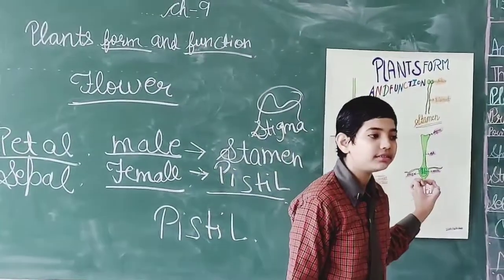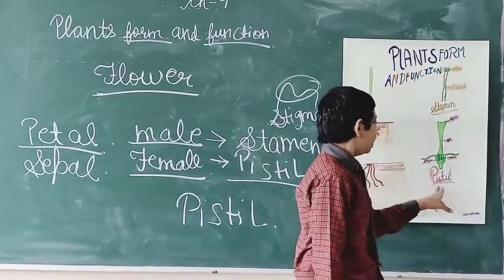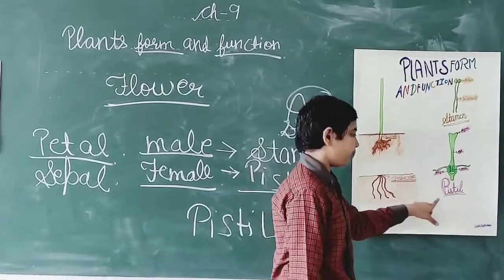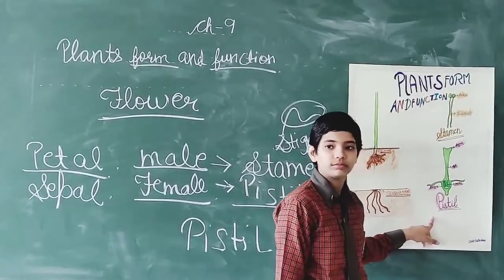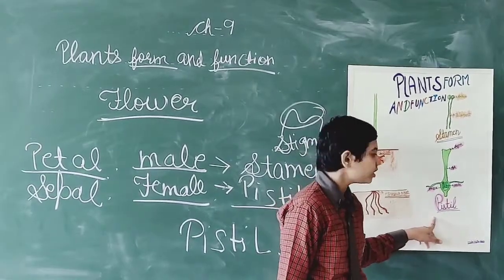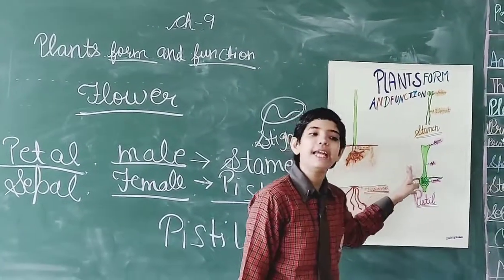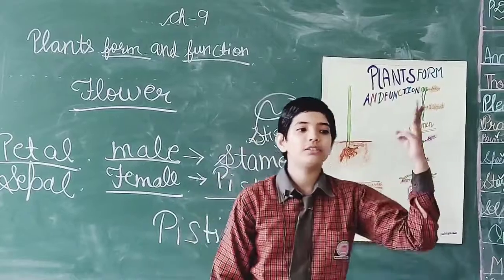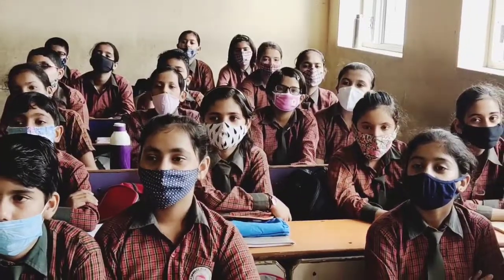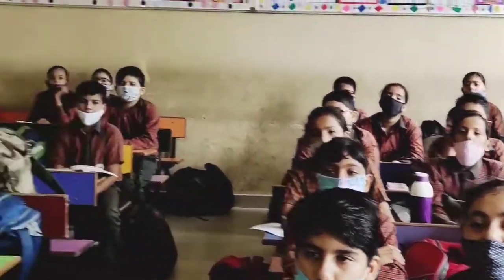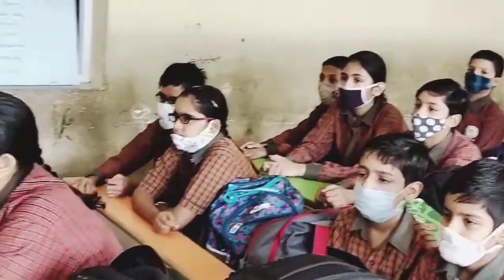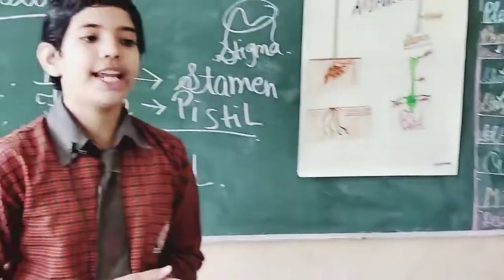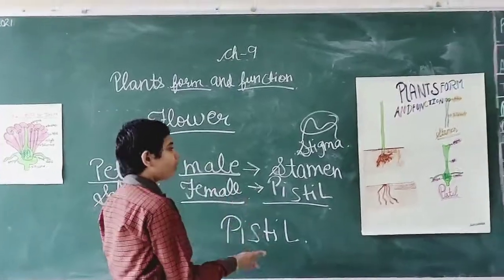The female part is known as the pistil, and the pistil has these 3 parts. What is the pistil? The female portion. And the male portion is the stamen. So, this is all about our flowers.